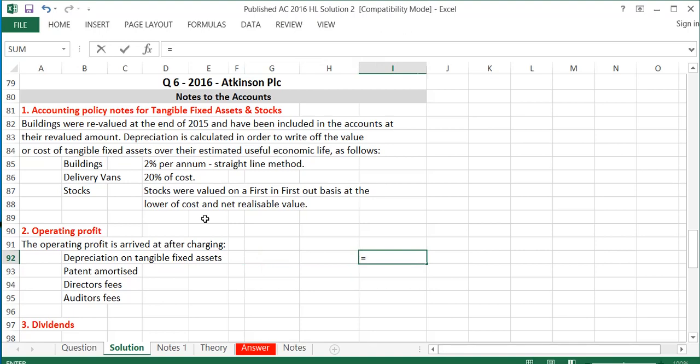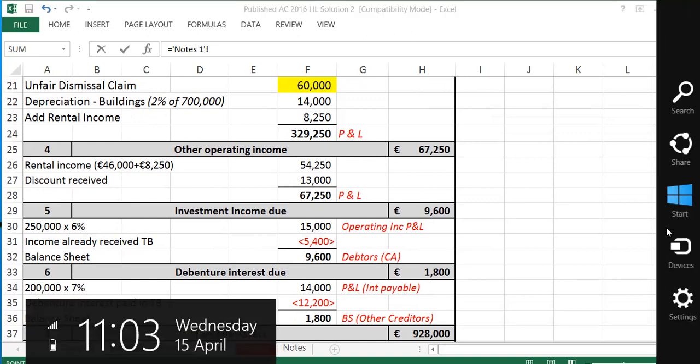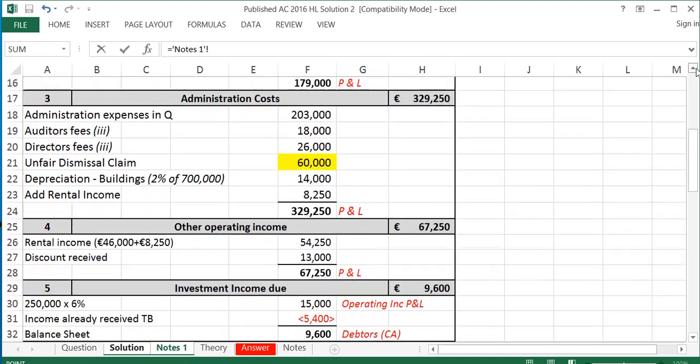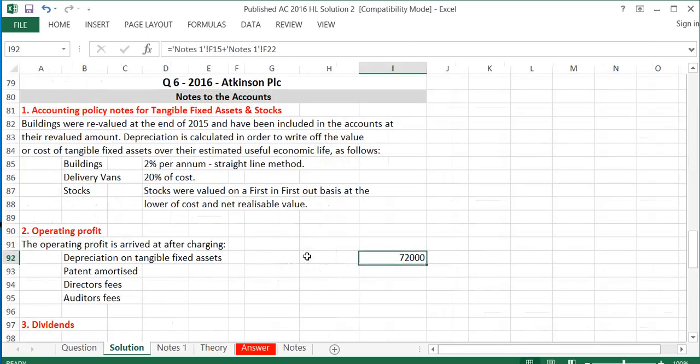And the depreciation of the tangible fixed assets I can get from my notes because I've worked out the depreciation of buildings and the depreciation of vehicles up here. So vehicles was 58 and buildings was 14. So the total depreciation was 72,000.